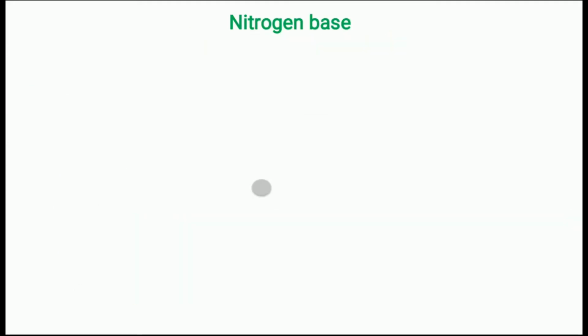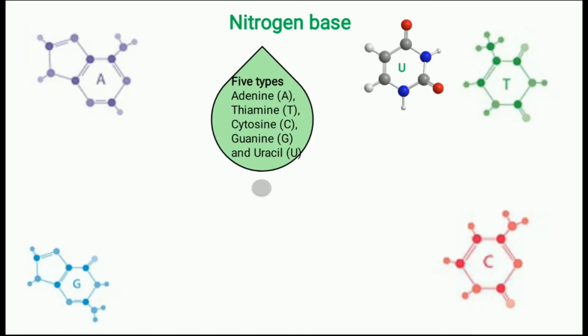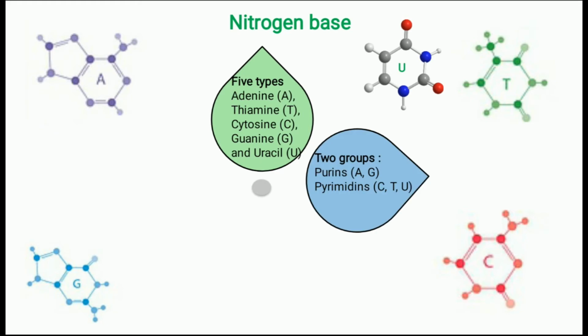The third component of nucleic acid is nitrogen base. 5 types of nitrogen base are present. They are called adenine, symbol A, thymine T, cytosine C, guanine G and uracil U. They are categorized into two groups. Adenine and guanine are called purines, consisting of a 9-atom double ring structure, and the pyrimidines, cytosine, thymine and uracil, are made up of a 6-atom ring structure with nitrogen and carbon.